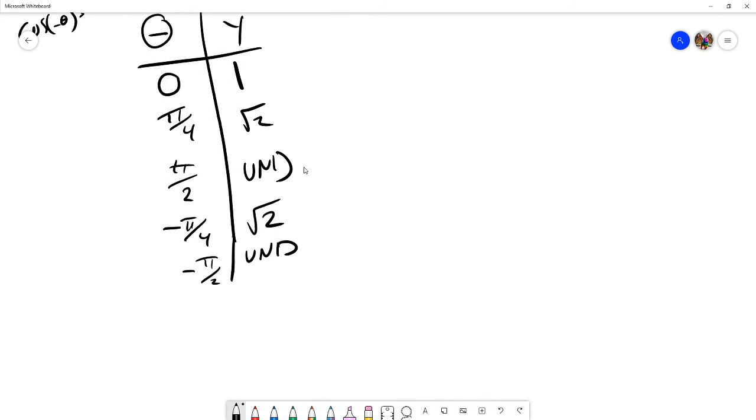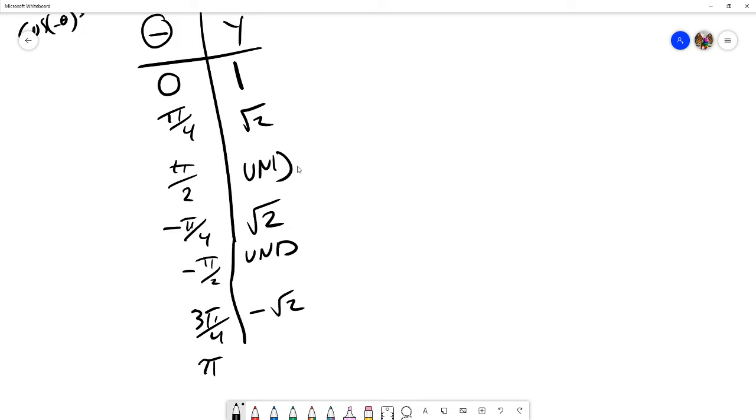We know we're going to have vertical asymptotes because at these particular values we're dividing by 0. Now, let's try 3 pi over 4. Okay, so cosine now is in quadrant 2. So quadrant 2, 3 pi over 4, cosine of 3 pi over 4 is negative square root 2 over 2, so this is going to be negative root 2.